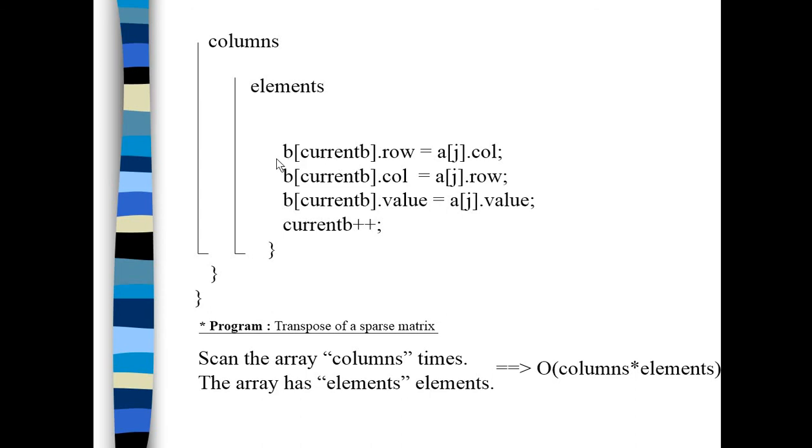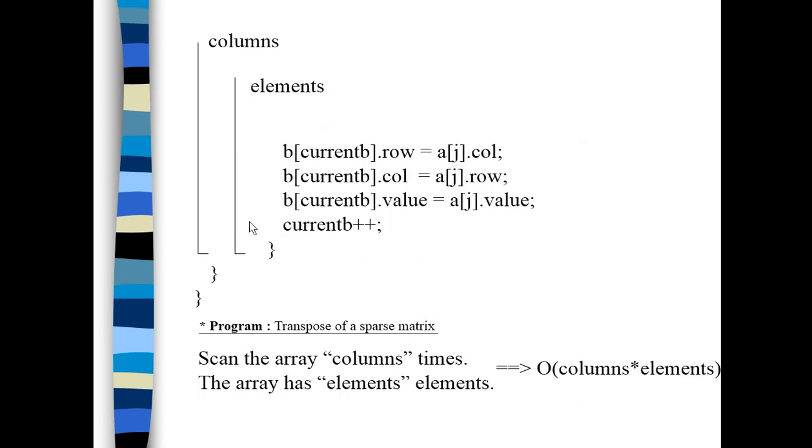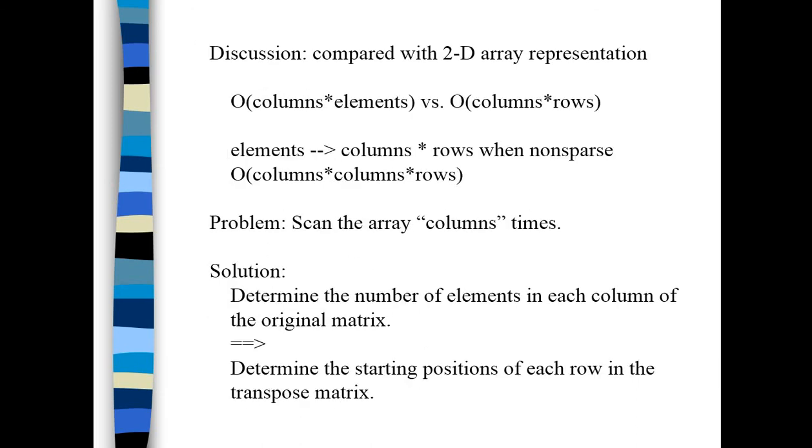So here, b of current b dot row is equal to the column value; we are making the column value the row value, and the j value we keep incrementing until we access all the non-zero elements. After accessing it, we increment the current p value. So this is the way the sparse matrix transpose works.